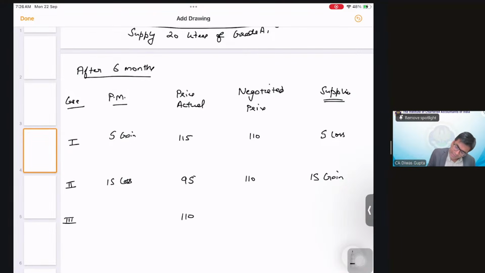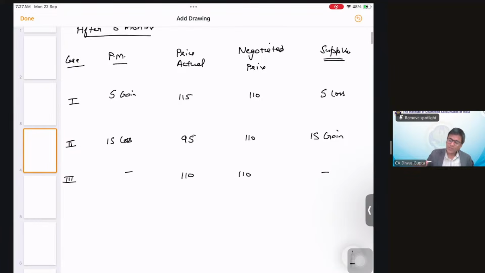There can be a third case as well, 110, 110. There is no gain, no loss to any of the parties. Okay, so that is how the forward contract is deriving its value from the supplier and procurement manager standpoint. Let's say 5 rupees gain here, 5 rupees loss there. Here 15 rupees loss, here 15 rupees gain.